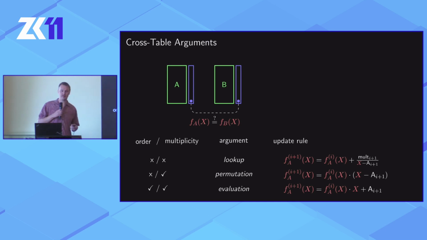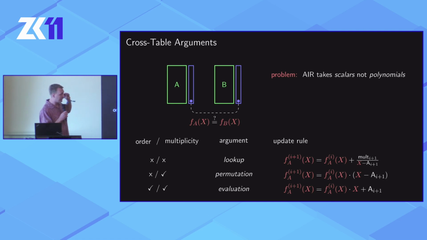And if you want to establish that one table is a sublist of another table, order matters, but you can always skip over rows in your stepwise evaluation, then you use an evaluation polynomial. And so this brings us a step closer to a satisfying answer to the question I raised.